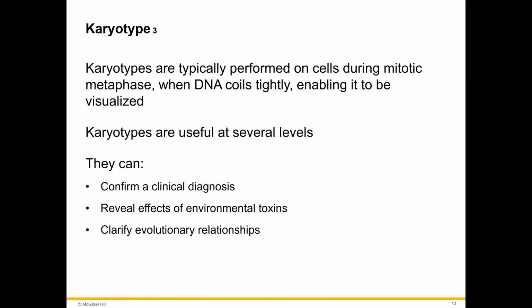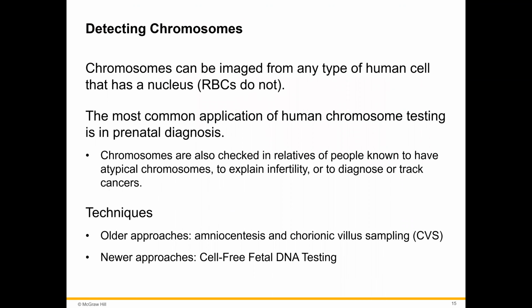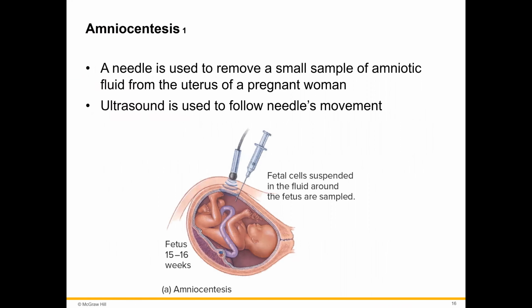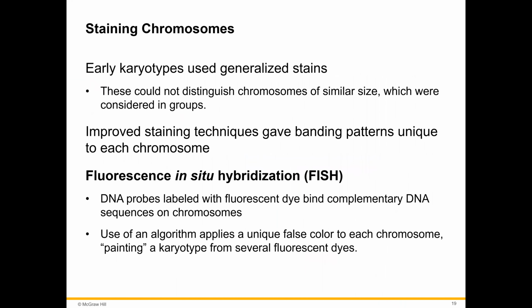We can use several techniques. Amniocentesis and chorionic villus sampling, or CVS, are older approaches and they put the baby at risk. Or we can use new approaches where we just draw blood from the mother, and in the mother's blood we will find cell-free DNA of the fetus. And then we can make a karyotype and look at the chromosomes, are they okay or not, right? All right.